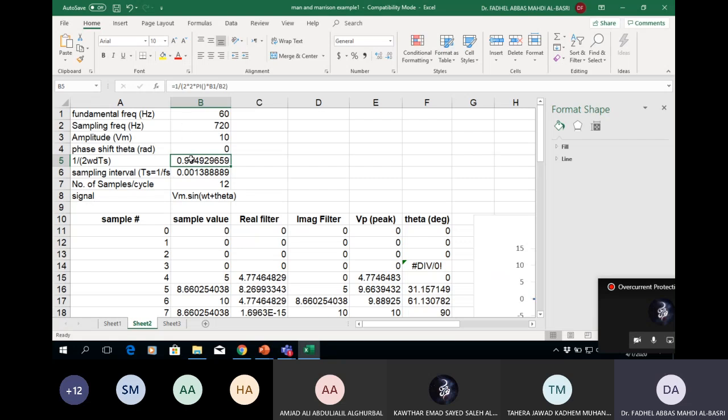This is not changing with time; it is only a one-time calculation. And the sampling time is delta T, 1 over Fs, so I divided 1 over this. So how many samples do I have per one cycle? If you divide Fs by the fundamental frequency F, it gives how many samples there are within one full cycle. Now I have 12 samples per cycle.